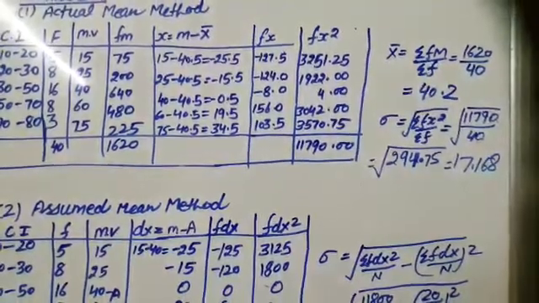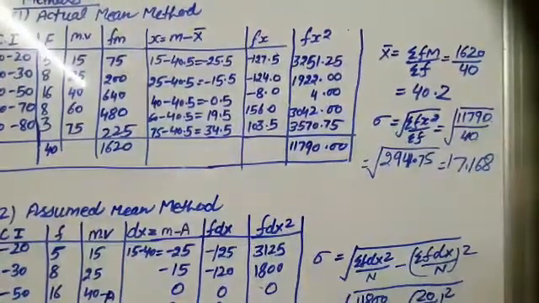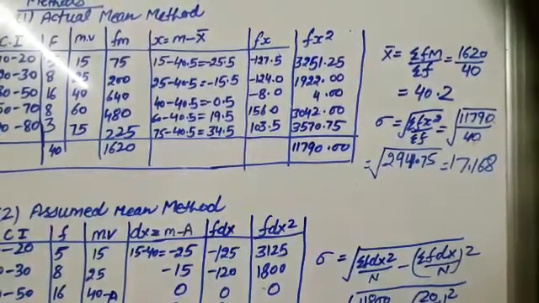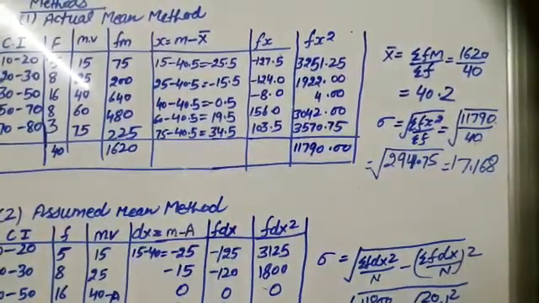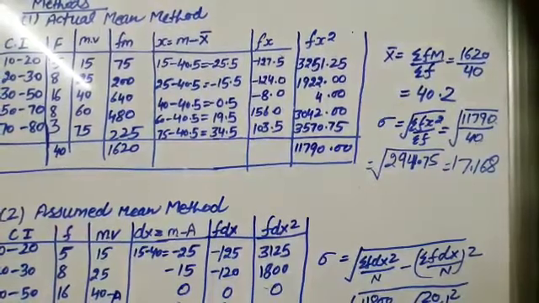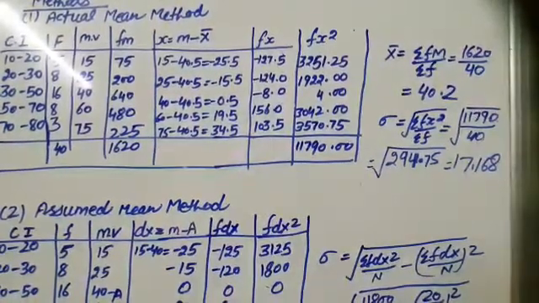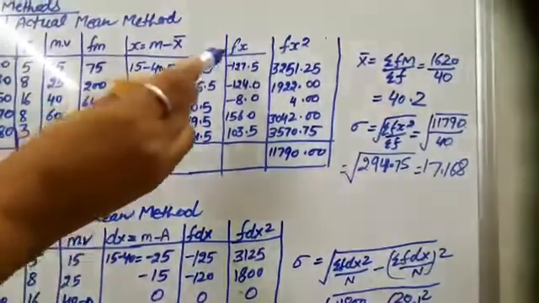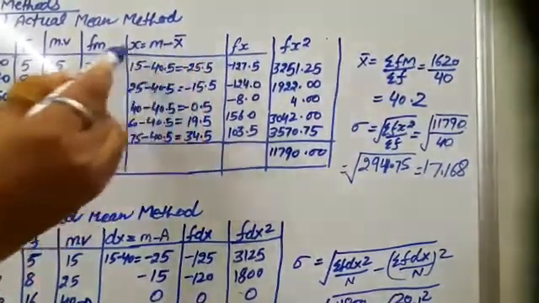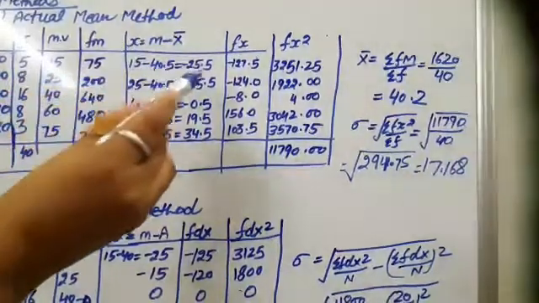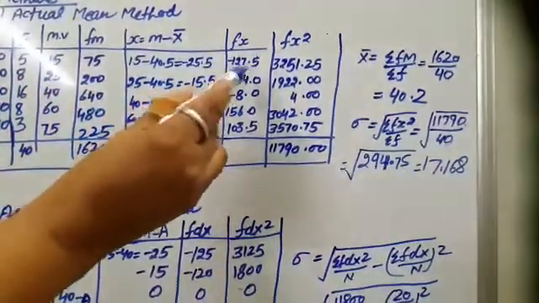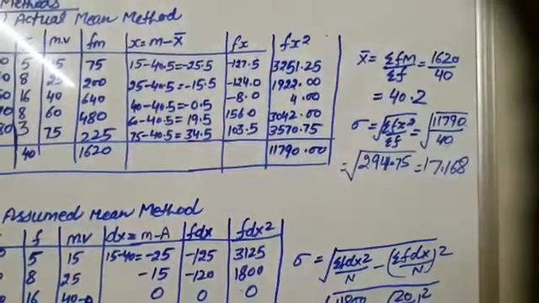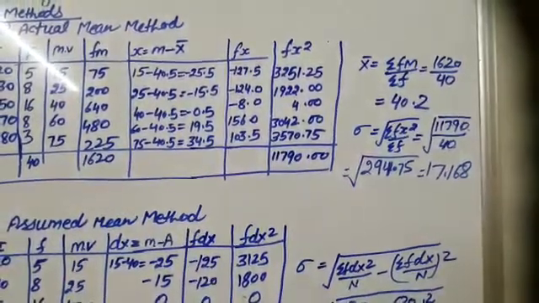The next column is fx, that is this x multiplied by frequency, which is equal to minus 127.5, minus 124, minus 8, 156, 103. Then the last column is fx square, fx multiplied by x, that is minus 127.5 multiplied by minus 25.5, which is equal to 3251.25.